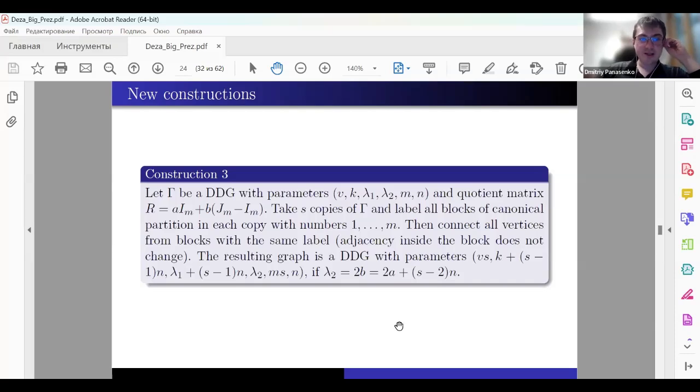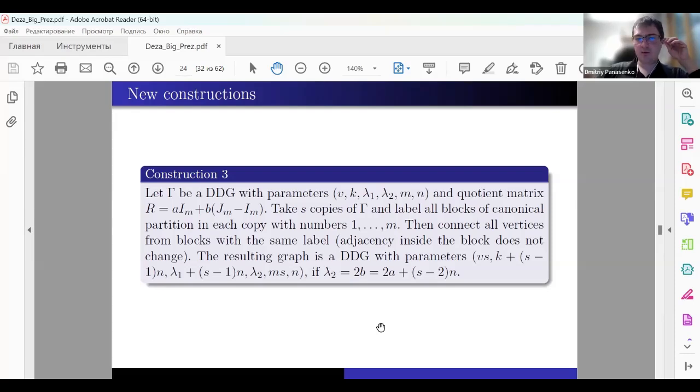The other construction. Let us consider divisible design graphs with a quotient matrix which can be written as A on the main diagonal and B in any other entry. Let us take some copies of this graph, say s, and label all blocks of the canonical partition in each copy with numbers from 1 to m.